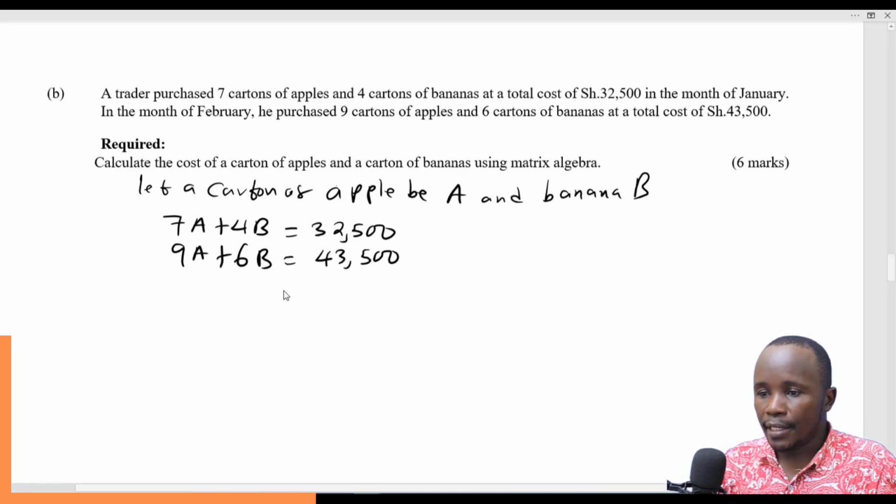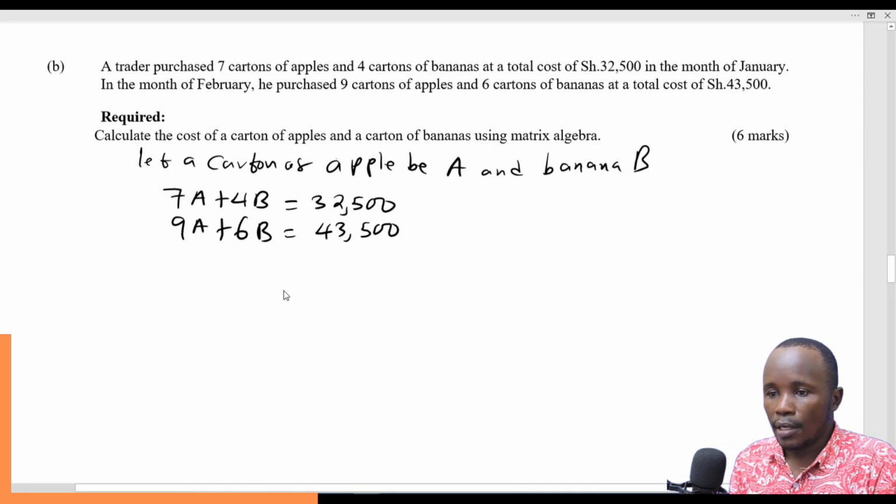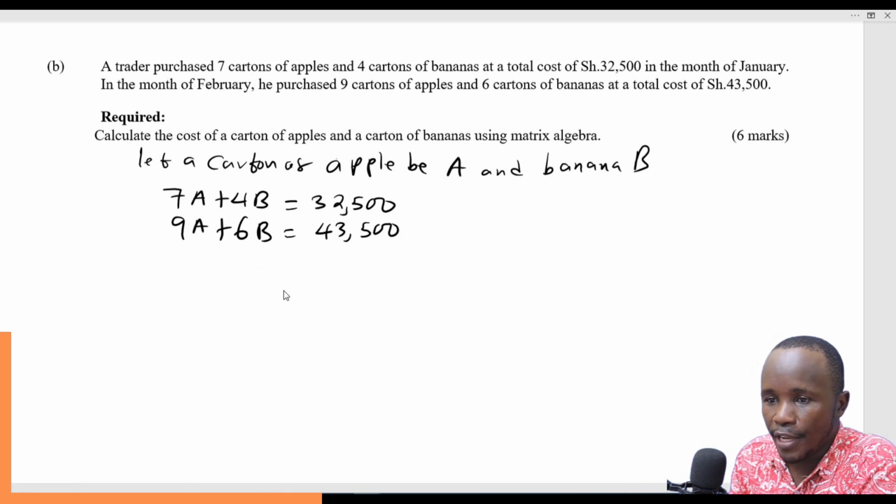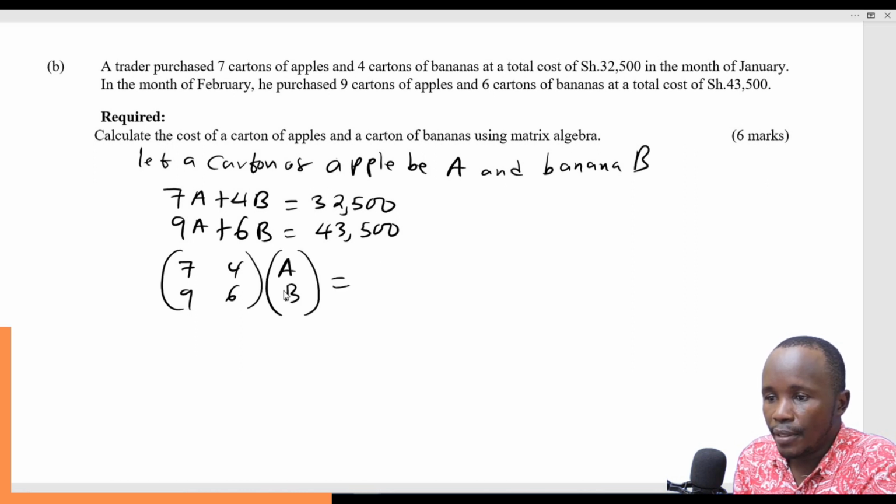Come up with the matrix. By matrix here we need to get the coefficients of A and B. So 7, 4, 9, 6. Then A, B should give me 32,500 and 43,500.